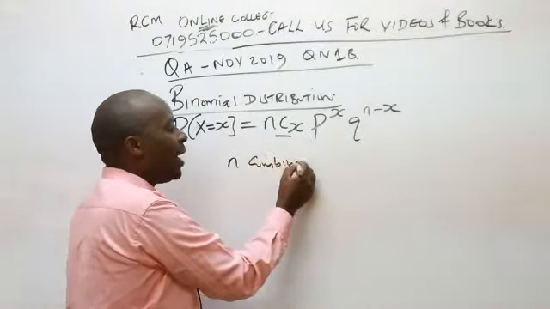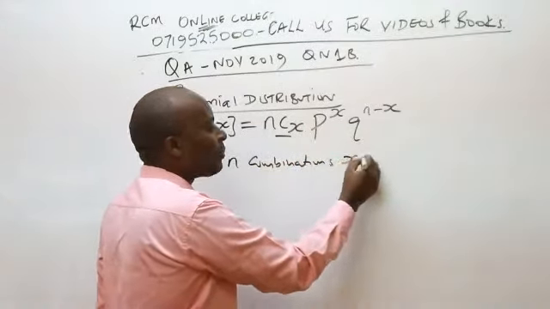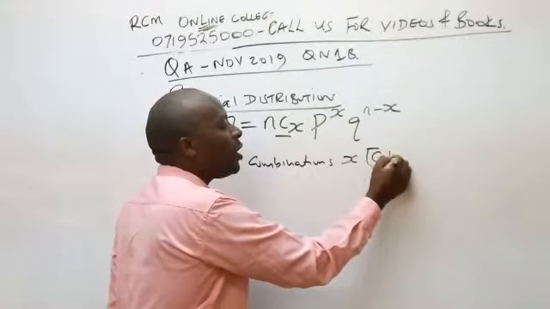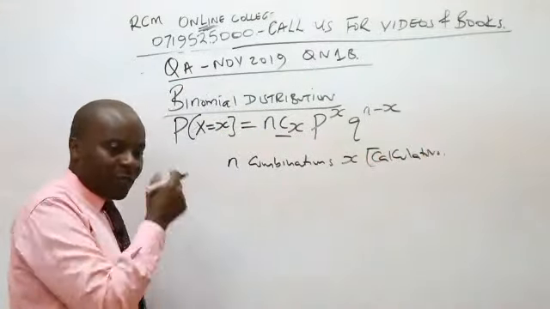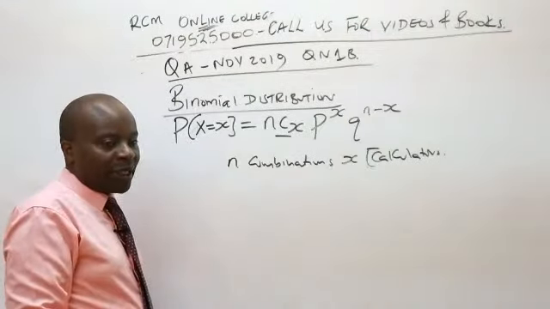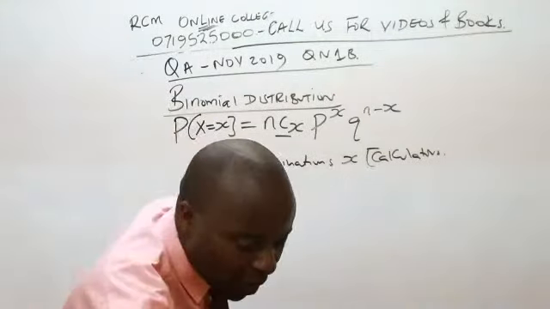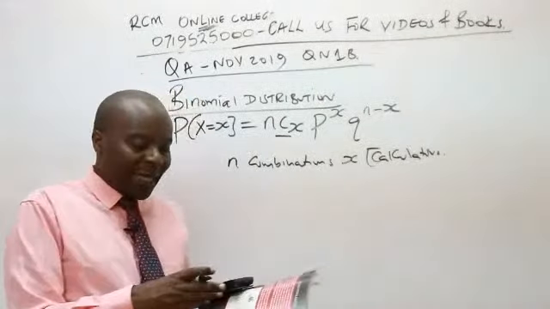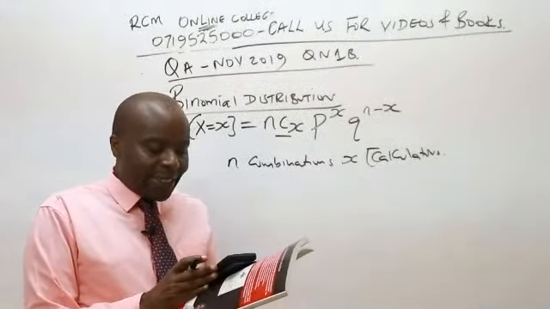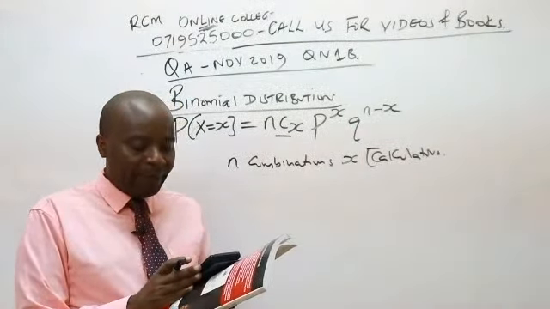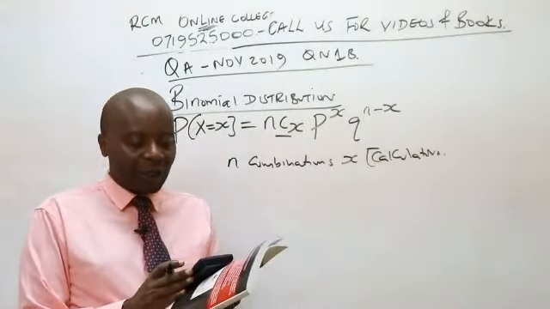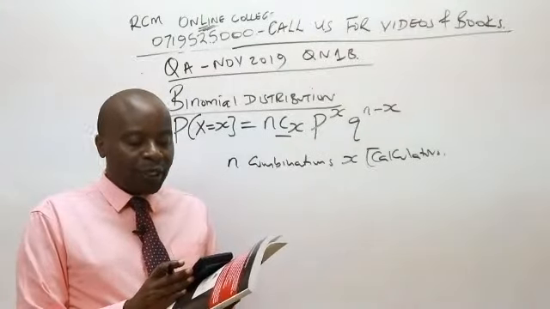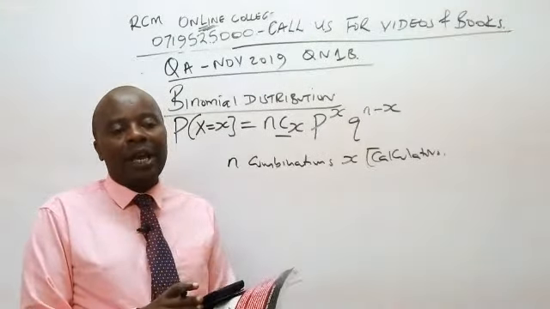N combinations x is found in your calculators. Once you have your calculator, you'll be able to see nCx or nCr somewhere close to shift or alpha. You'll see the nCr function there.